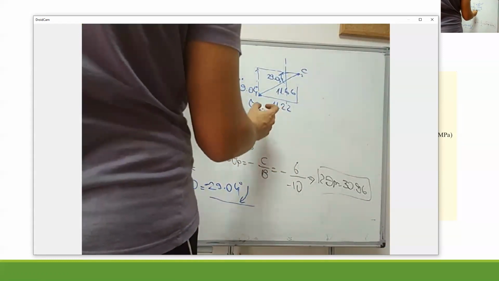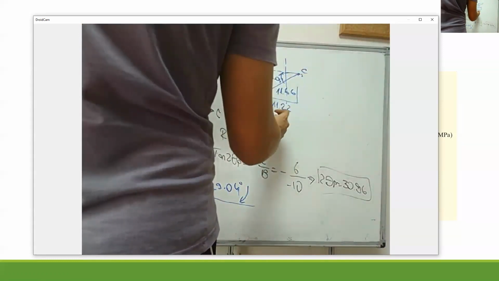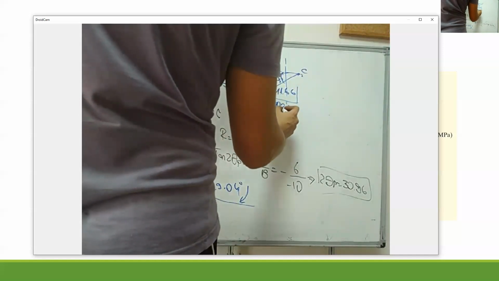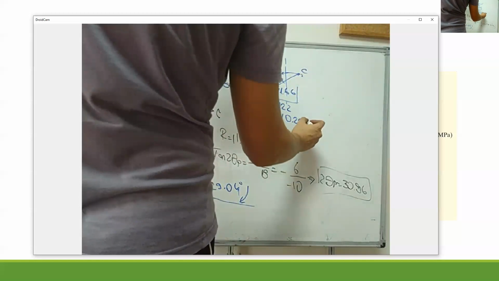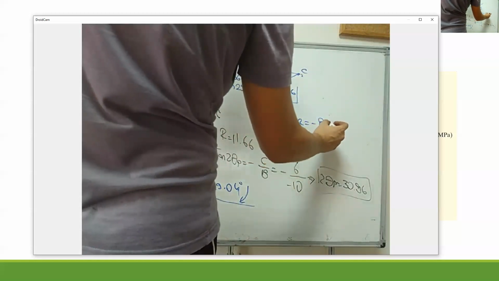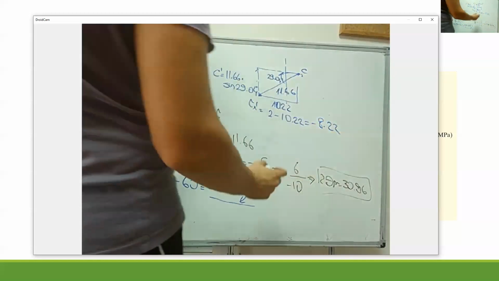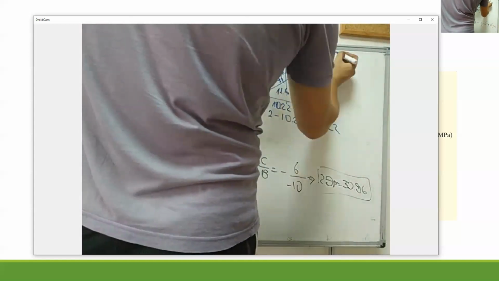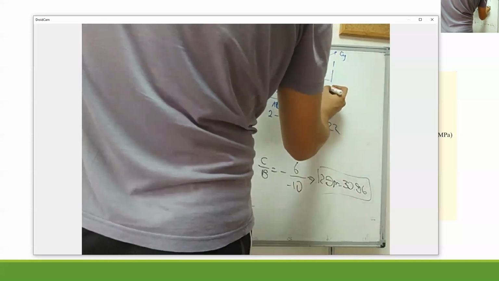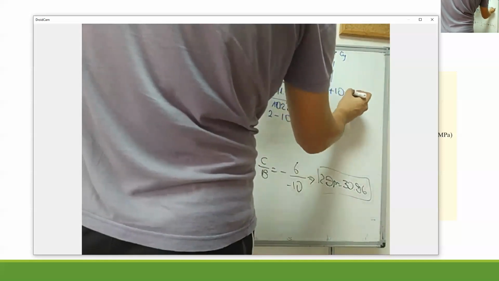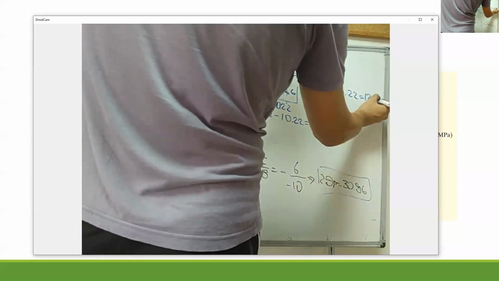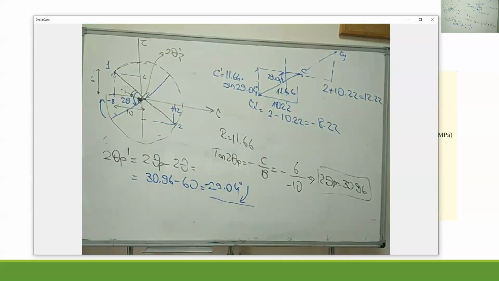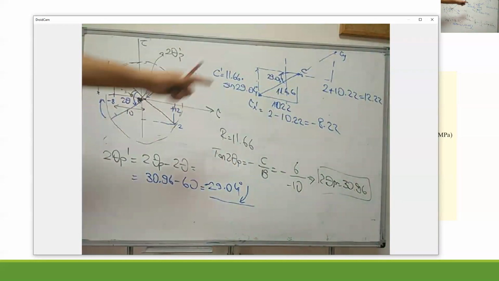Sigma x prime is equal to 2 minus 10.22, so I obtain minus 8.22. The other part is the sigma y prime. Sigma y prime is 2 plus 10.22, also 12.22 megapascal.